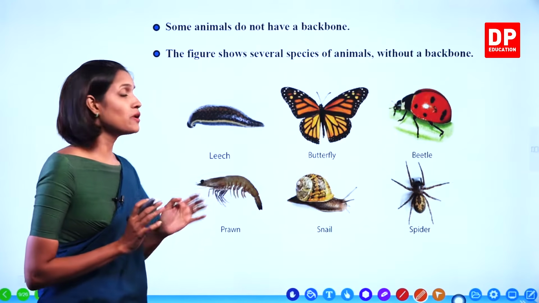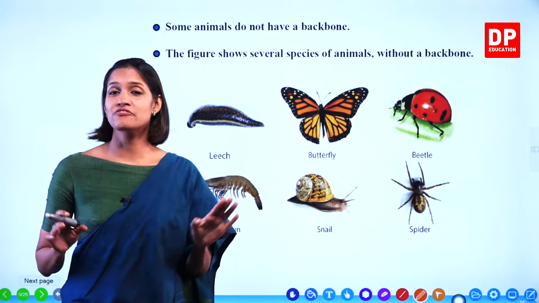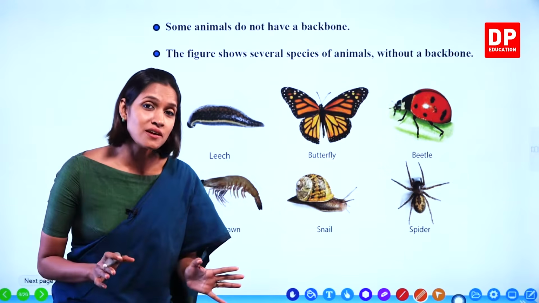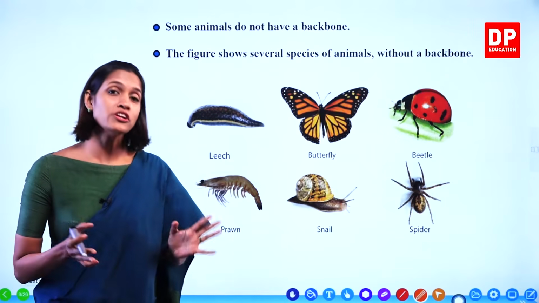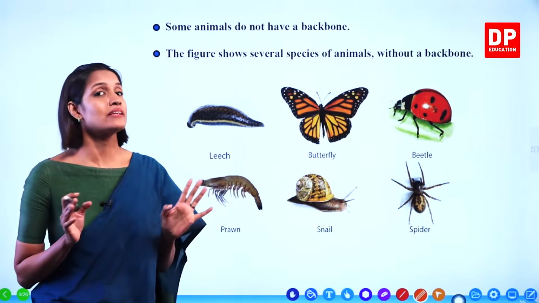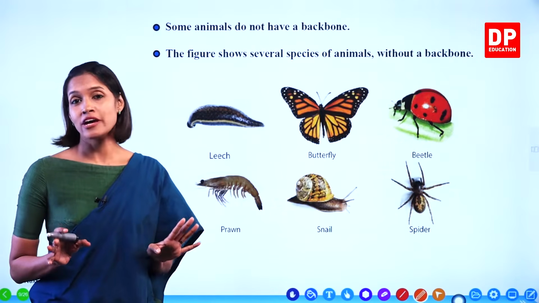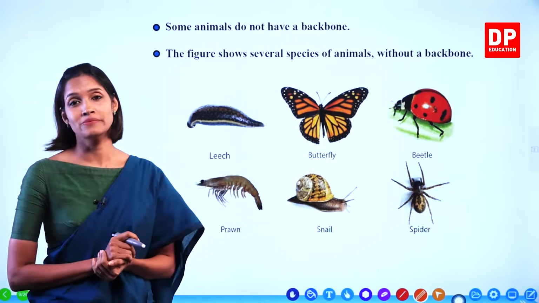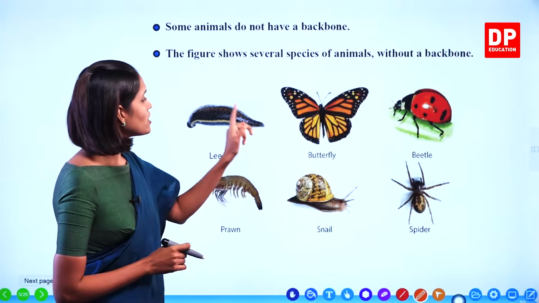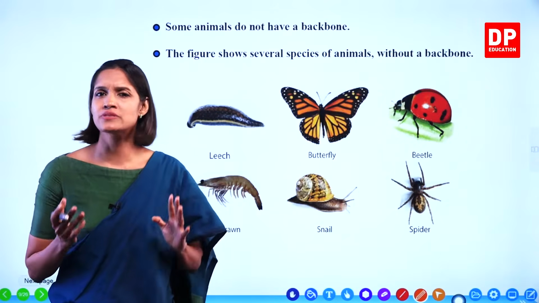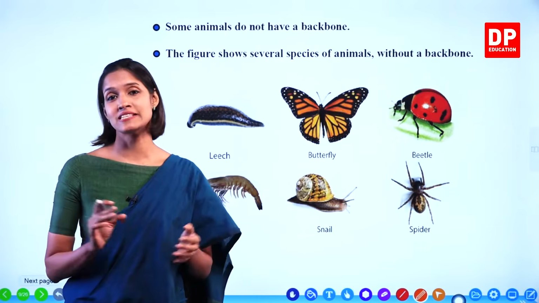So by studying about these different types of animals, it's very clear there are some animals with backbone or with the vertebral column, and there are some other animals like this. They don't have a backbone or the vertebral column, right? So we can use the presence and absence of backbone to categorize animals.